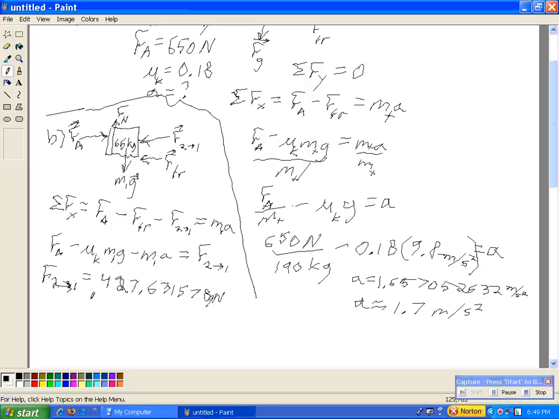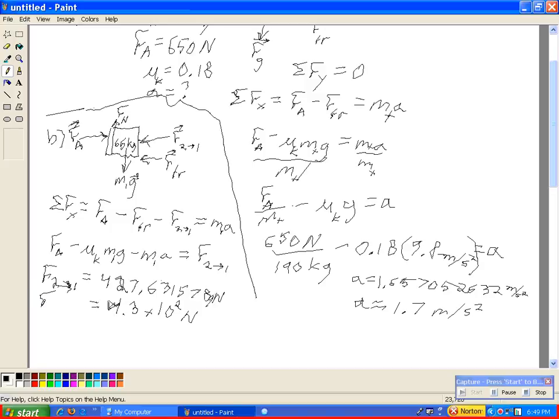So that equals 4.3 times 10 to the 2 newtons.